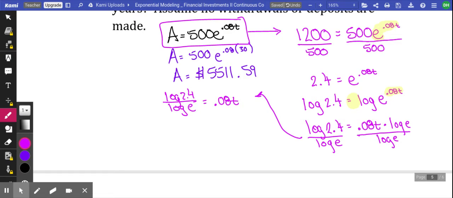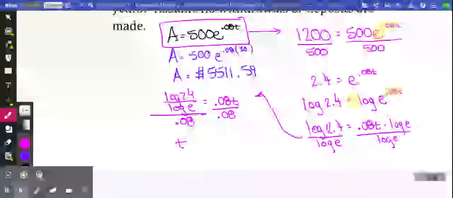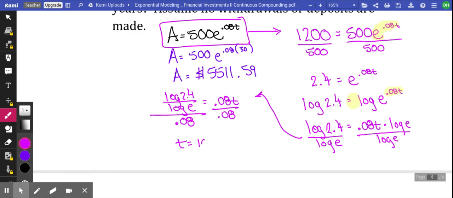And then I'm just going to divide both sides by 0.08. And we'll fire all that into my calculator. They didn't really specify where to round here, so I'm going to go 3 decimals. I get 10.943 years before your $500 turns into $1,200.